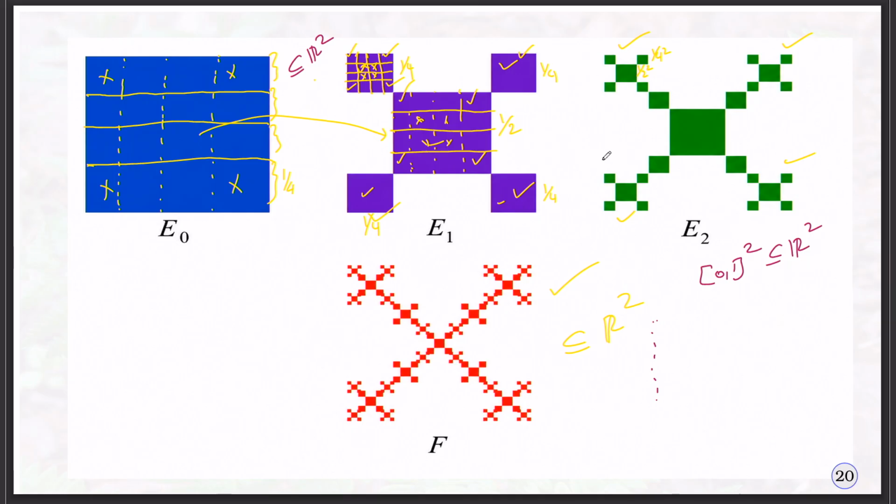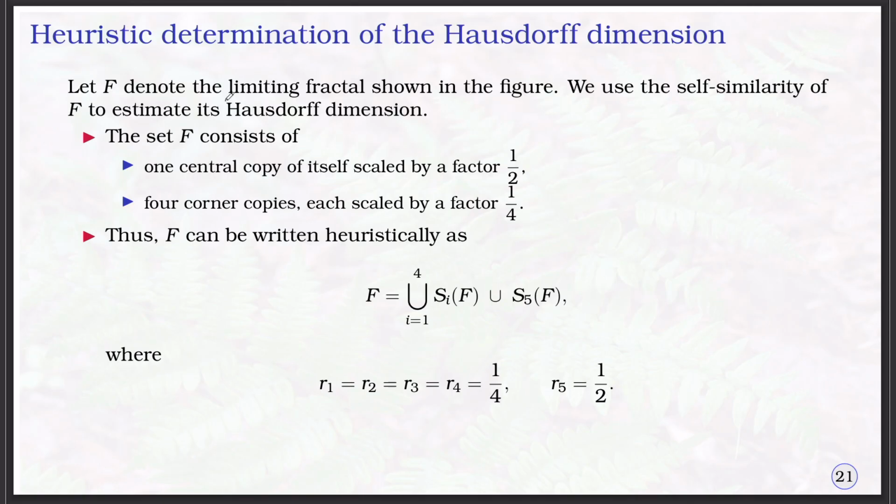For this figure, let F denote the limiting fractal shown in the figure. We use the self similarity of F to estimate its Hausdorff dimension. That means the similarity mappings applied on F, then F can be written as a union of the similarity images Fi's.